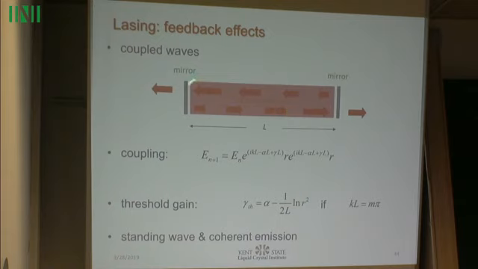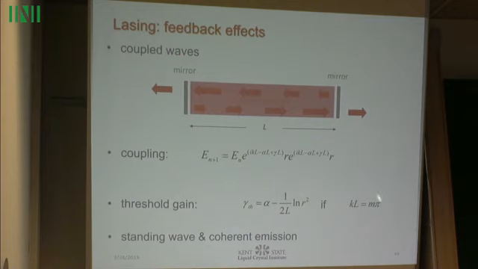So you go around, you have reflection, and you go back the other way, and you want to stay in phase in order to make sure that you have coherence and the modes don't add to zero. And so if you have satisfied the phase condition and you have made sure that you have enough gain to make up for losses, then you can get lasing.